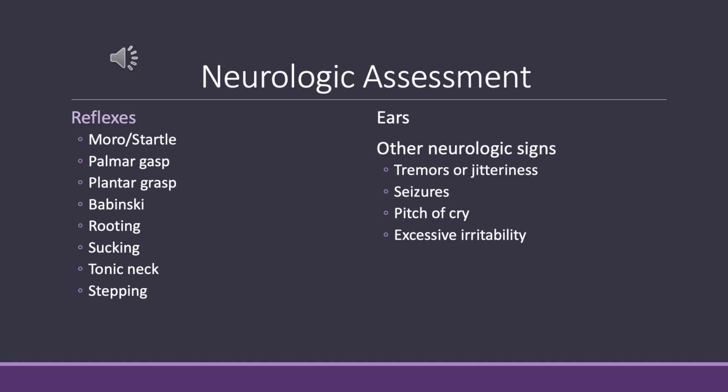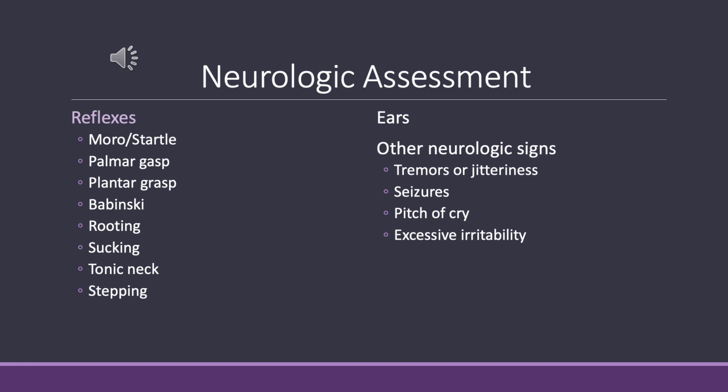You need to be familiar with these reflexes, how they are elicited, and what a normal or abnormal response is. I put the page numbers on your slide. Assess the ears for open canals. The state mandatory hearing screening will be done prior to the newborn's discharge from the hospital.